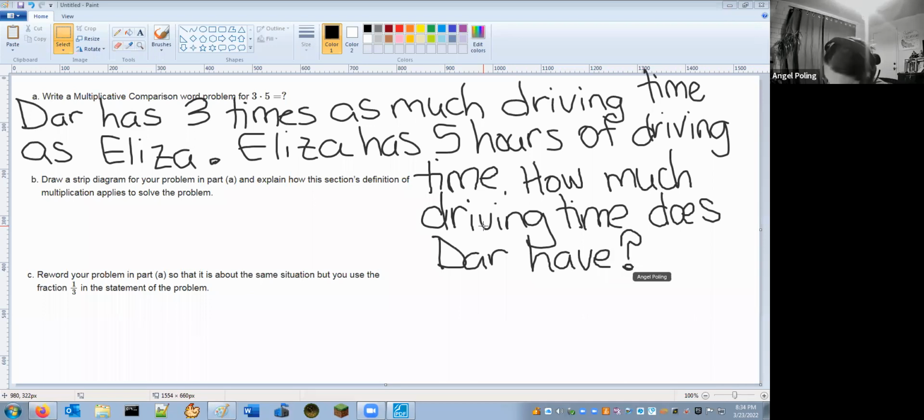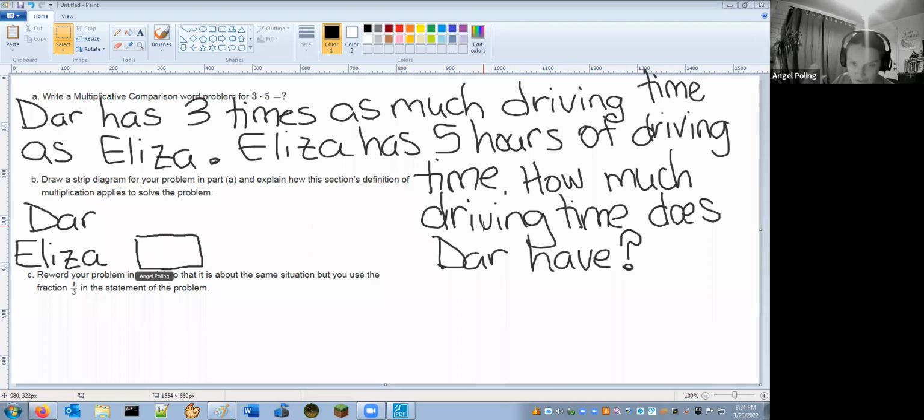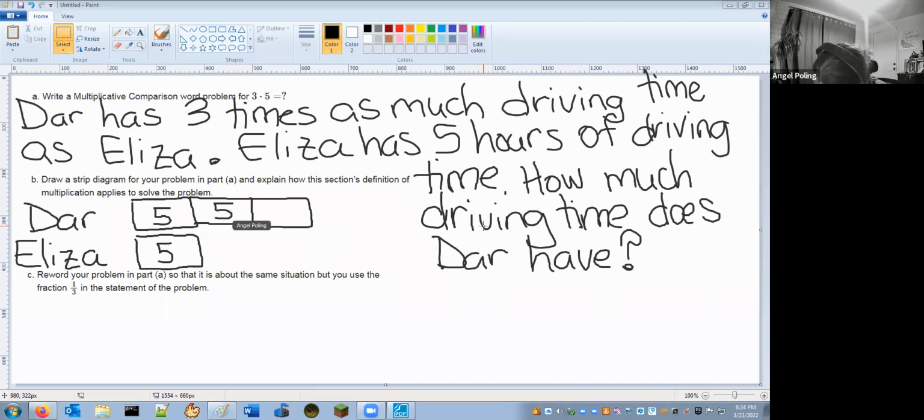Okay, now that we have individuals that we can put labels onto these strips for, we have an amount for Eliza, which we know is 5 hours. And we have 3 times that for Dar. And as a result, the question for how much drive time does Dar have, that would have been our question mark location.